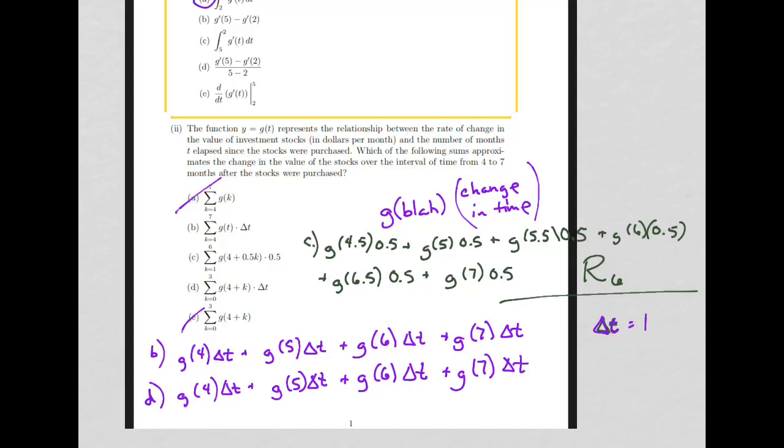But is it a left sum or a right sum? If we were to start on the left side from 4 to 7, then we have that left side, but we also have the far right side. So this is actually neither a left sum nor a right sum, so this is not a proper approximation.